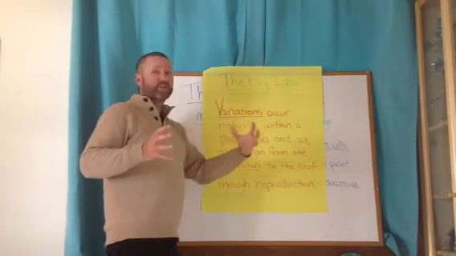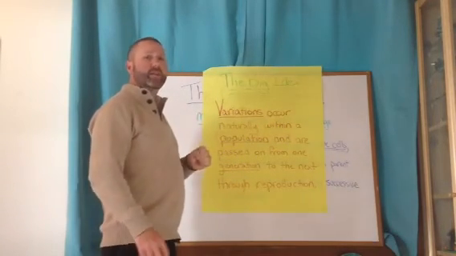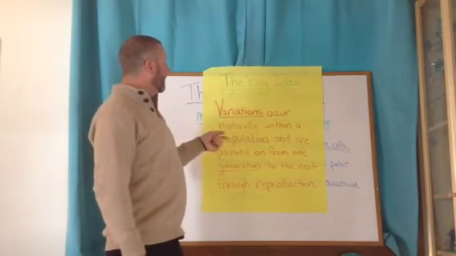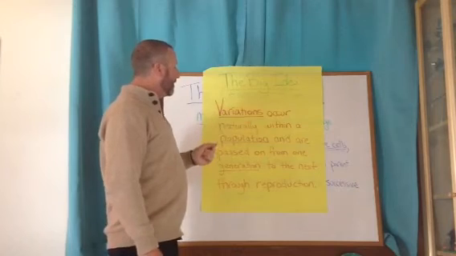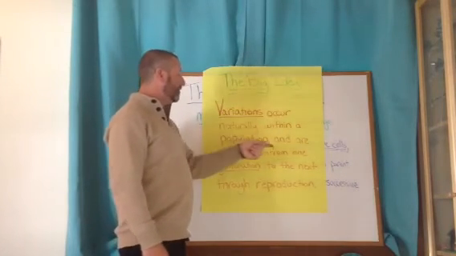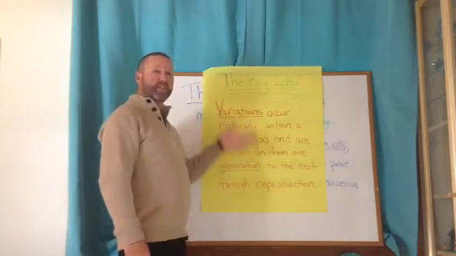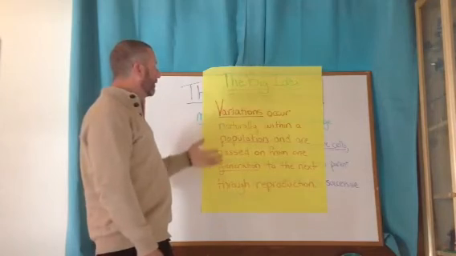We know what a population is, right? A group of organisms. These variations occur naturally because the mutations are occurring naturally. And the variations occur naturally within a population and are passed from one generation to the next through reproduction. This is our big idea. This is what natural selection basically is all about, right?